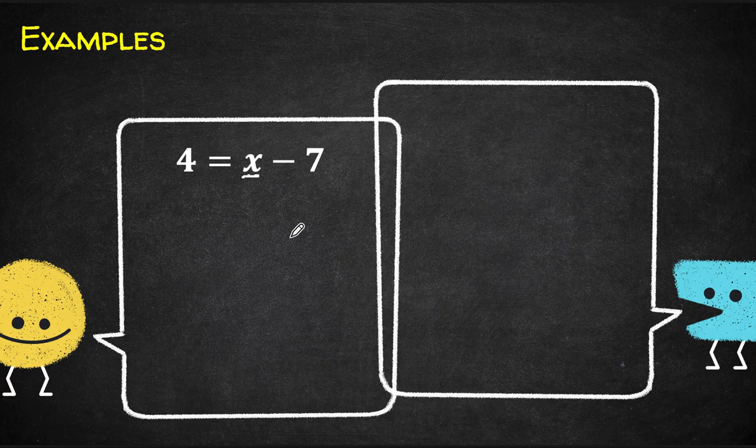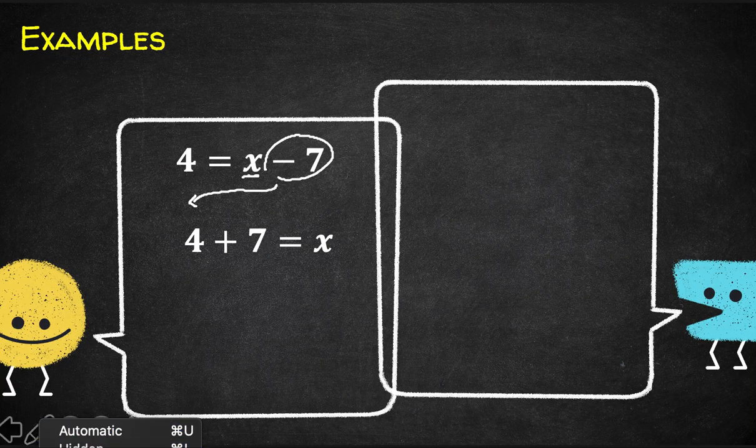As we solve a linear equation, the numerical coefficient of the variable should always be positive. So what we're going to do is simply transpose negative 7 to the other side of the equation. That will become positive 7. So here we have now positive 7.